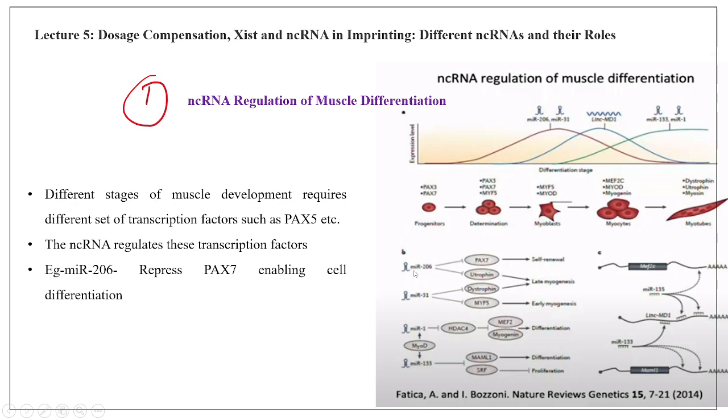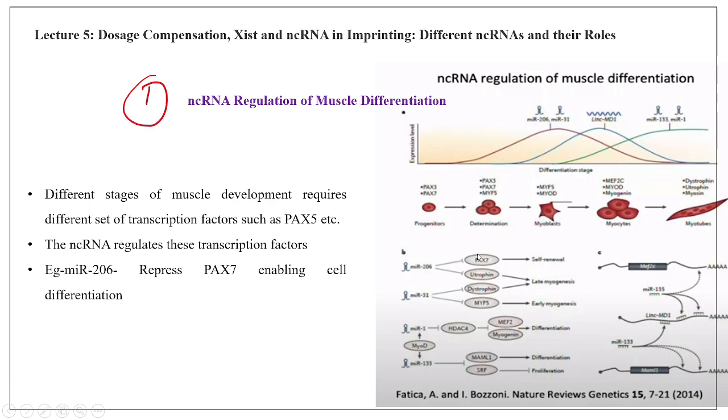This microRNA 206 represses PAX5 and utrophin. PAX5 is responsible for the self-renewal ability. Now, when PAX5 is inhibited, no self-renewal will occur. That means if proliferation is inhibited, it will move towards the differentiation process.